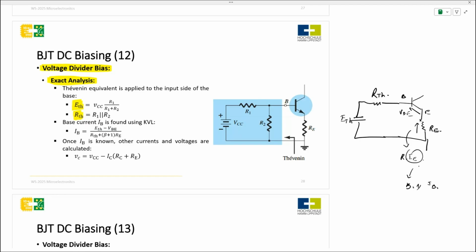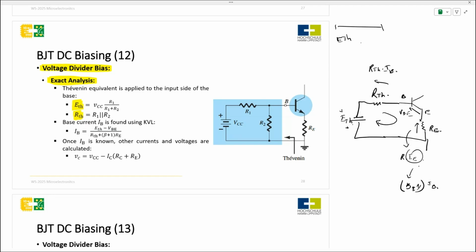And of course this one is R Thevenin multiplied by IB, minus plus beta plus 1 IB. So when we do the KVL here, we will have something like this. So we will have our E Thevenin minus, or this will be, let's put it this way.